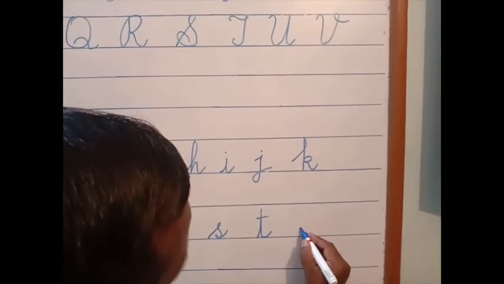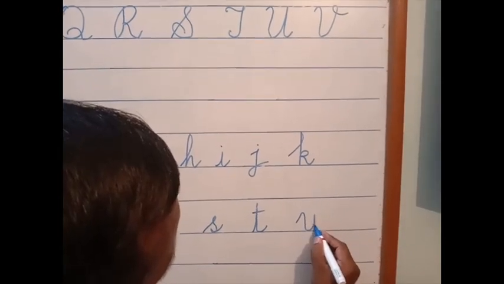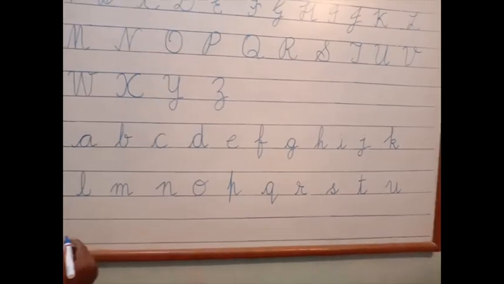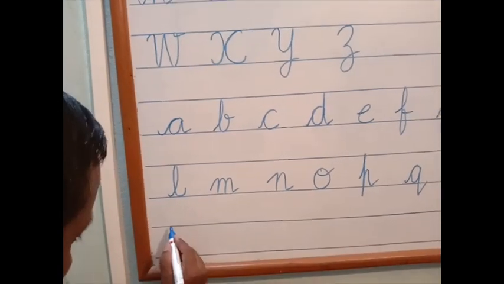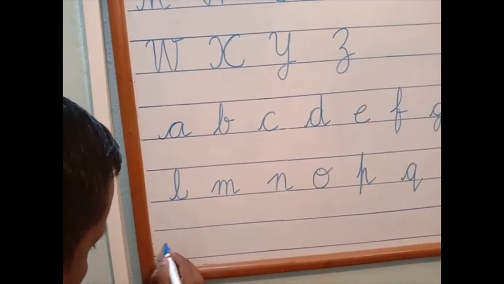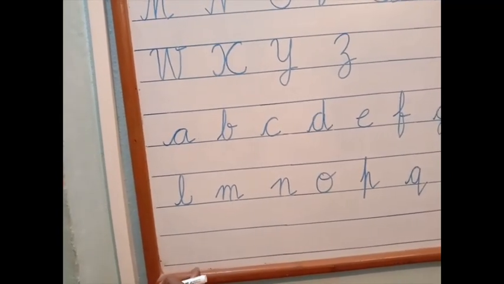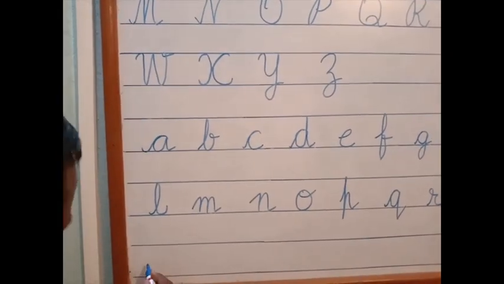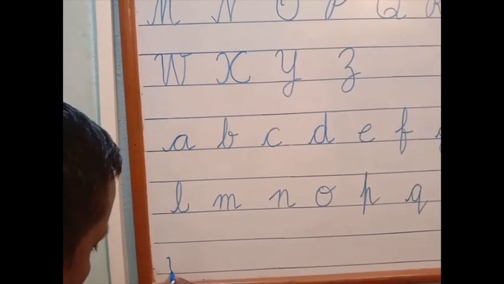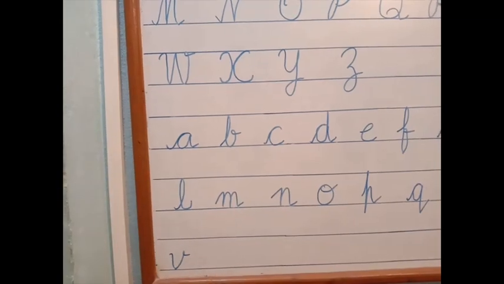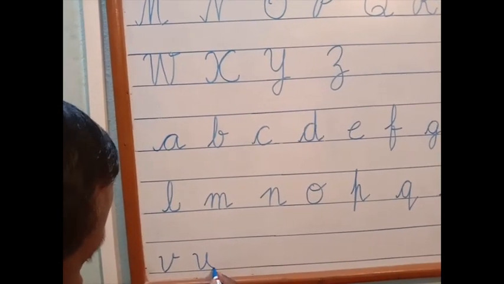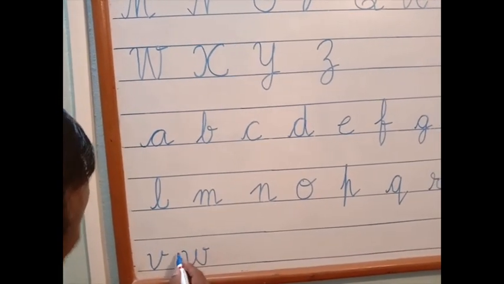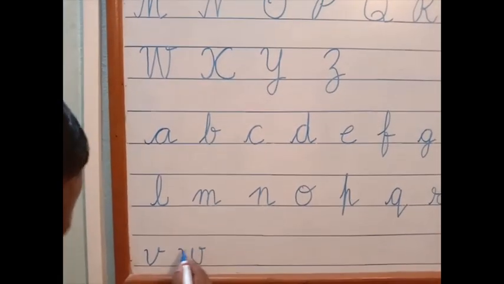U. V. This is the unseen third line. In between 2 lines, this is the third line, and this is the fourth line. V. W. Be careful. All the 3 lines, all the 3 points meet together.